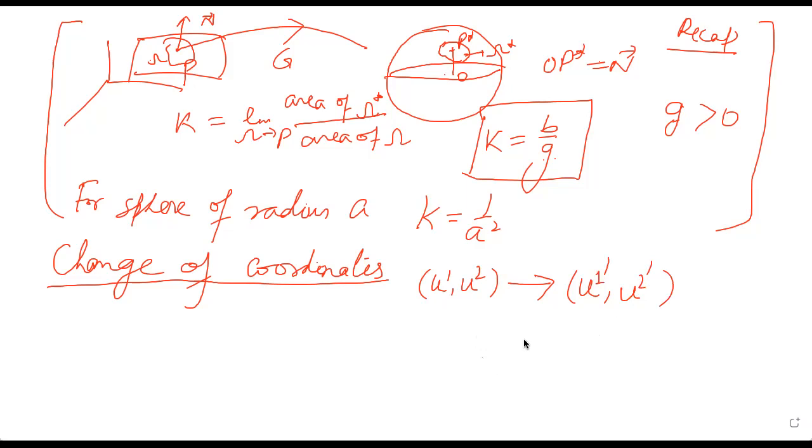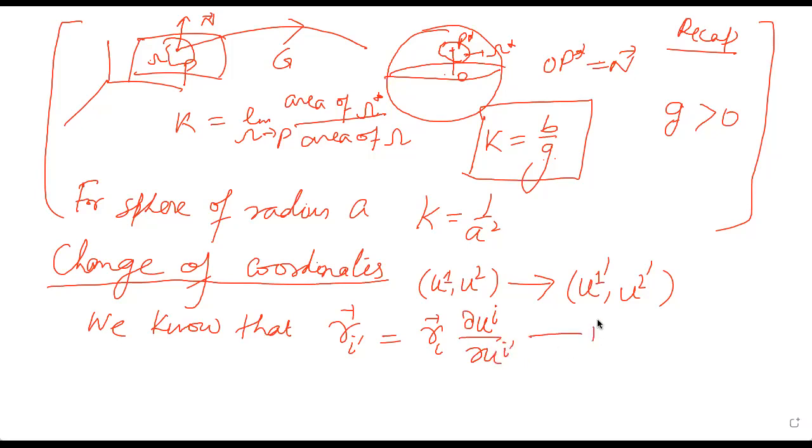Same thing here. What is the change in B and K. So if you are changing the coordinates from u1 u2 to u1 dash u2 dash, then we already know that ri dash, I had derived this formula, it was ri del ui over del ui dash.